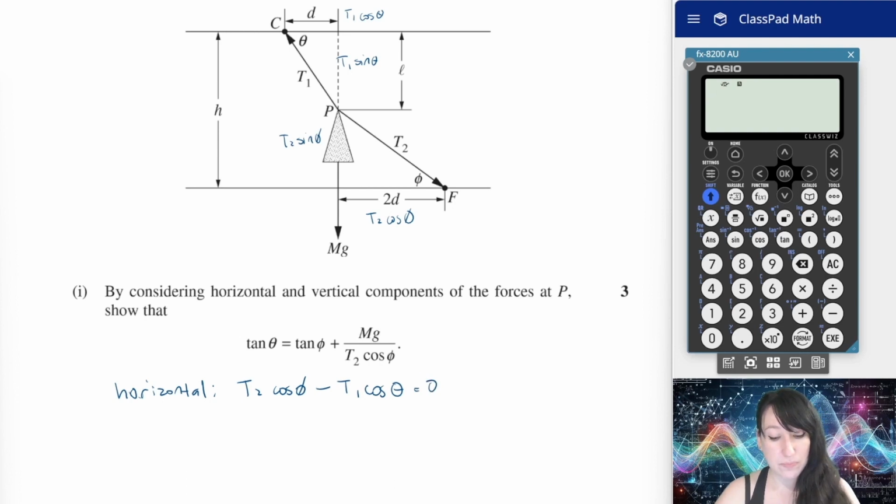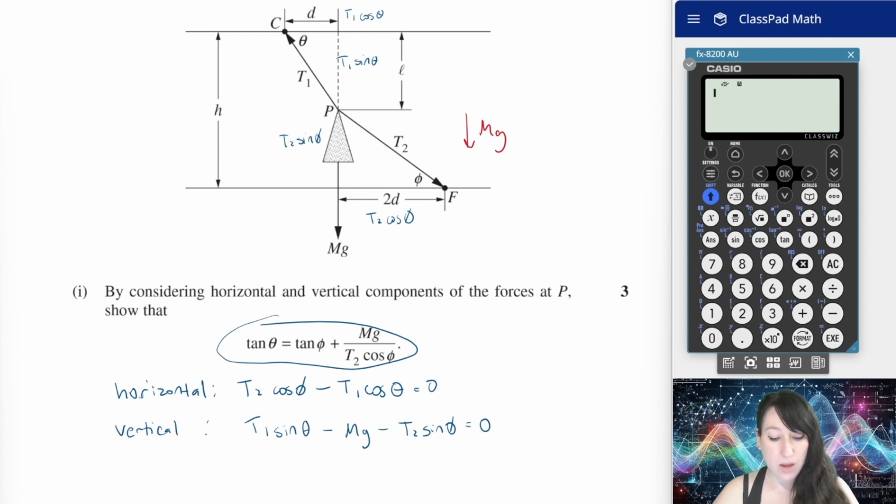And then for the vertical, we have the tension in the ropes. We also have gravity. So in the up direction, we'll have T1 sine theta, and in the down direction, we'll have mg and T2 sine phi. So to get expressions that will result in what we want here, we're going to put the theta stuff on the left, the phi stuff on the right.